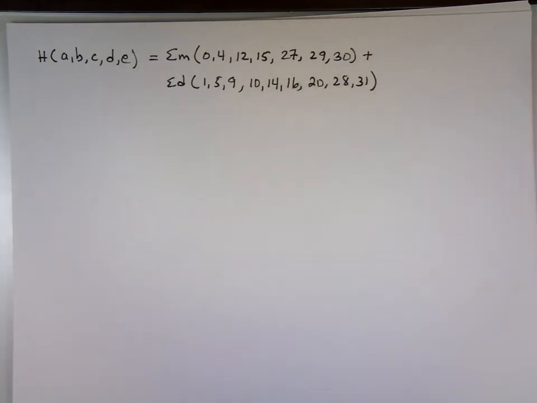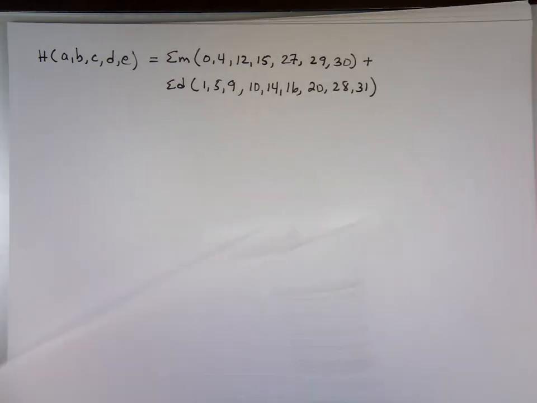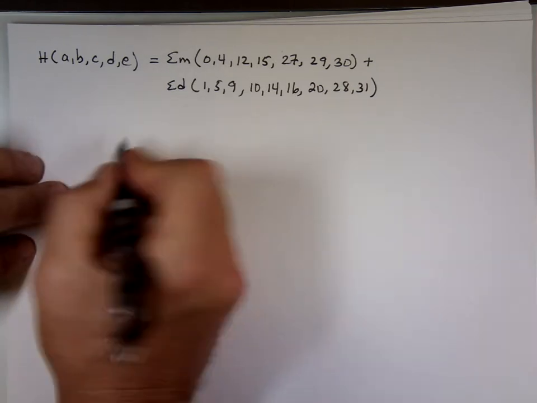This is a 5 variable K-map, so I need 2 of them. So here's 2 maps.